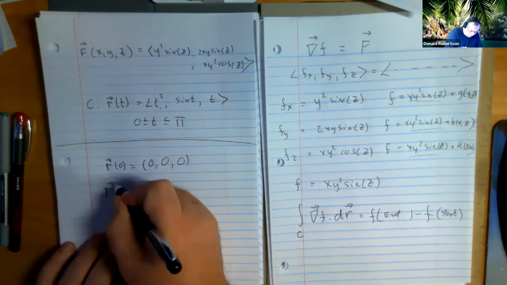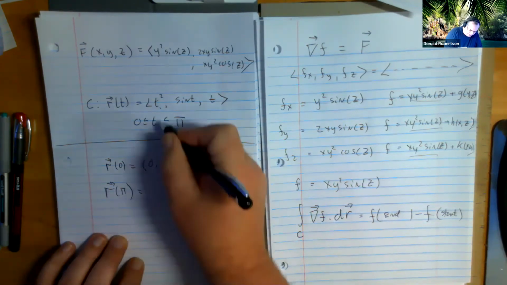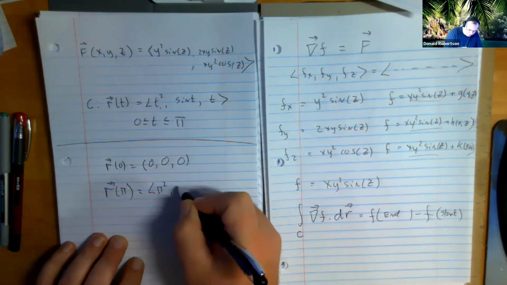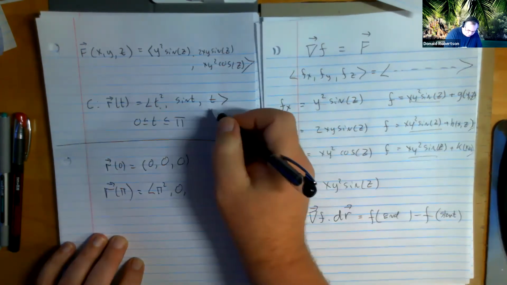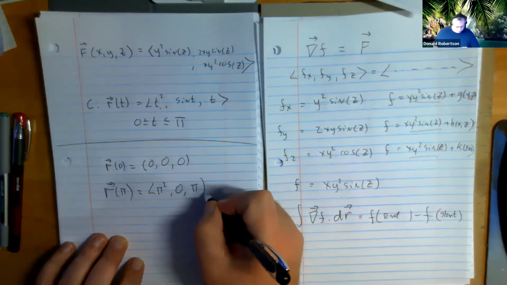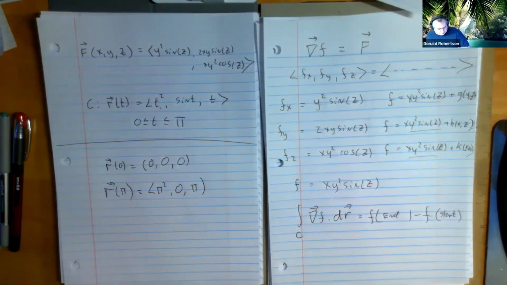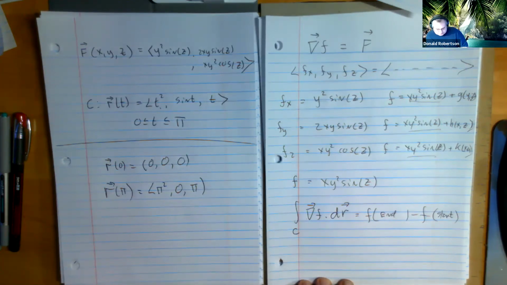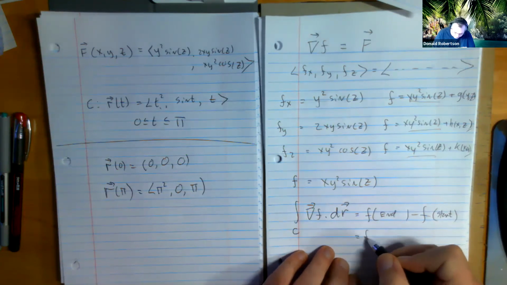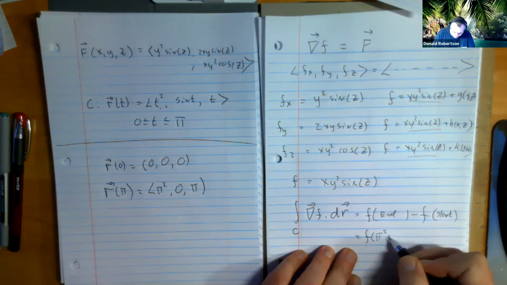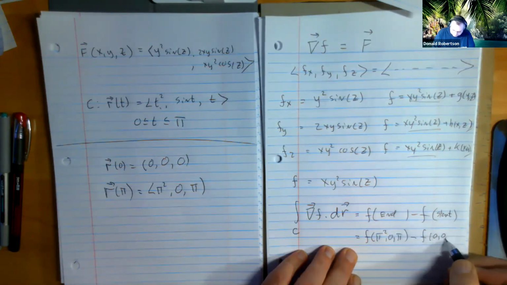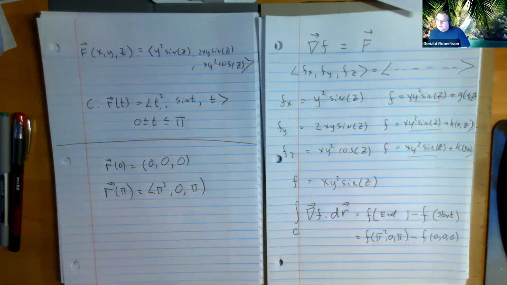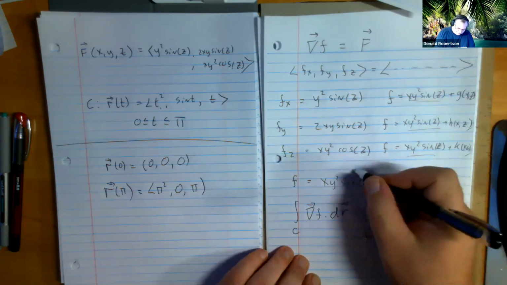And then we plug in pi, and we get pi squared sine of pi, and pi. Are we good with that? Right, so we are going to find the value of the potential function at that point and take away the value of the potential function at that point. And this is the potential function.